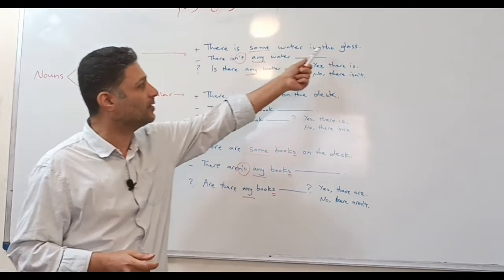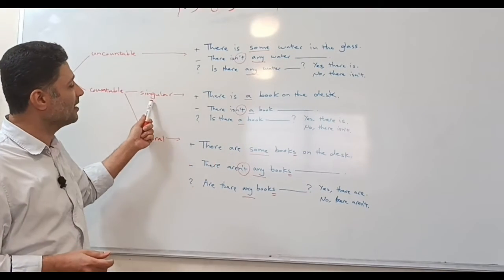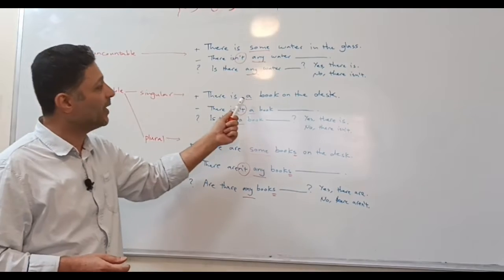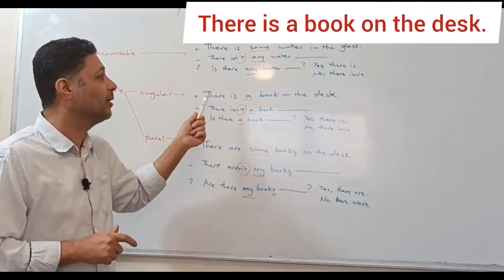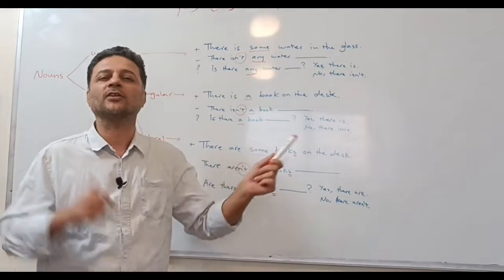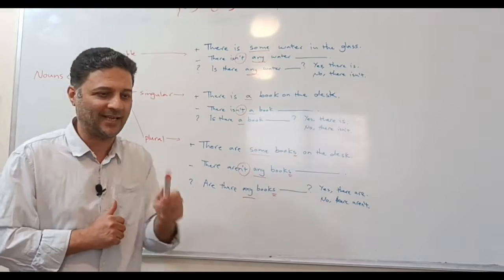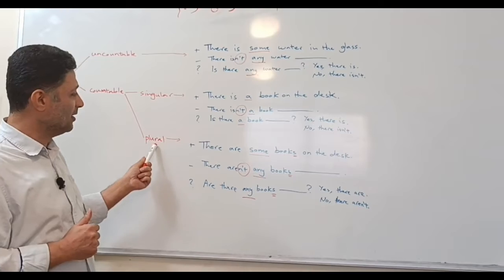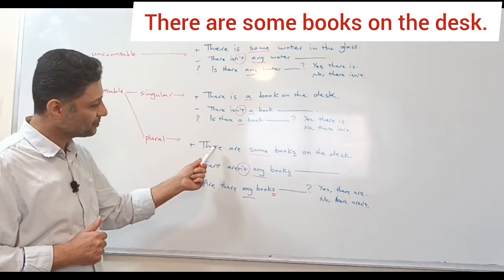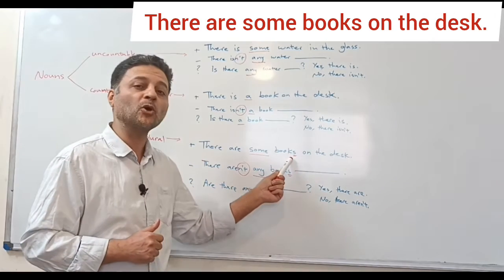For singular countable nouns, we have to use a or an, like an egg, an orange, an umbrella. But a book, a marker, a teacher, a student, a chair, a desk. So there is a book on the desk. And the plural example will be there are some books.